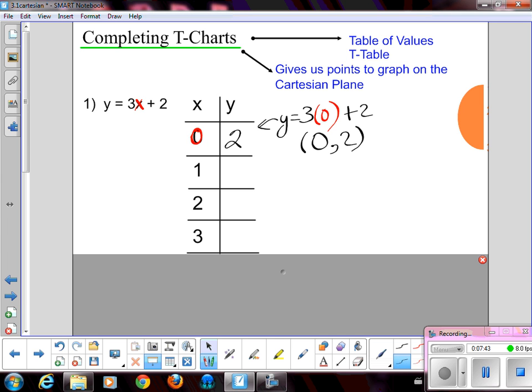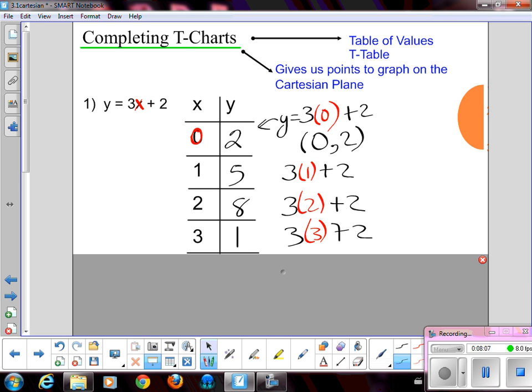So let's try the next one. The next one would be 3 times 1 plus 2. So we know that's 5. My next point would be 3 times 2 plus 2. So we have 8, and then I have 3 times 3 plus 2, and I end up with 11.